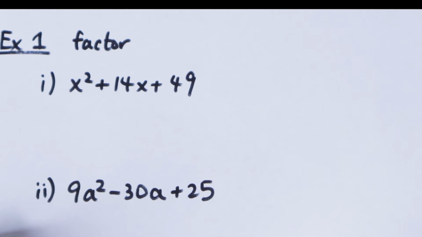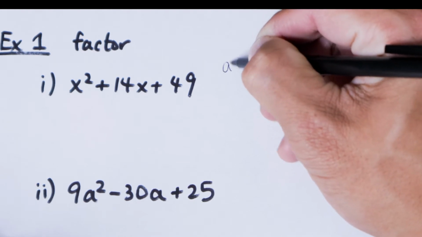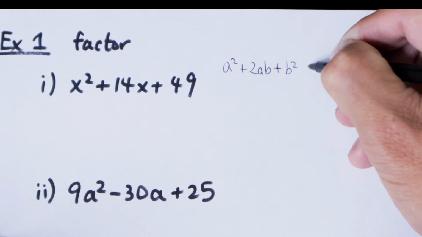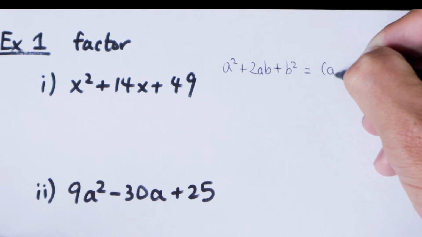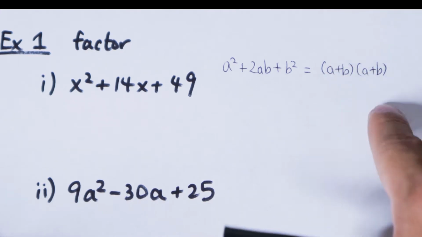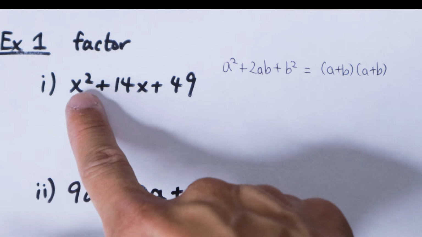First, I have to identify that the perfect square trinomial formula is that if you have a squared plus 2ab plus b squared, then it becomes a plus b multiplied by a plus b, which we'll later write as a plus b to the second power. Now, let's take a look at the first term.